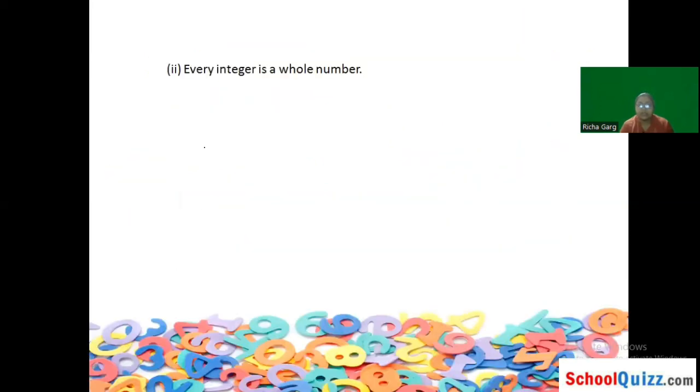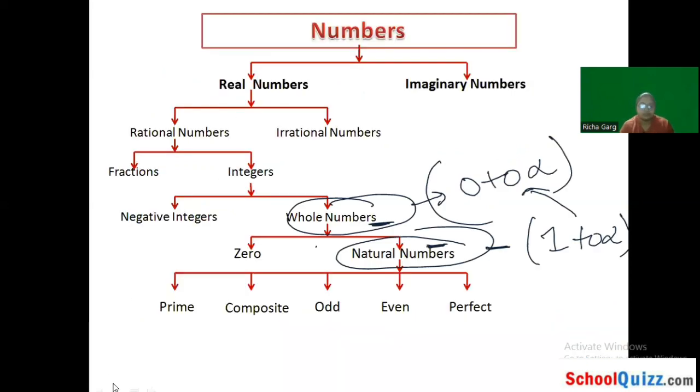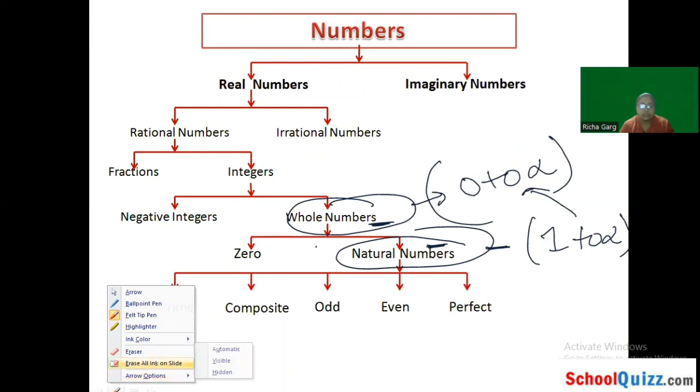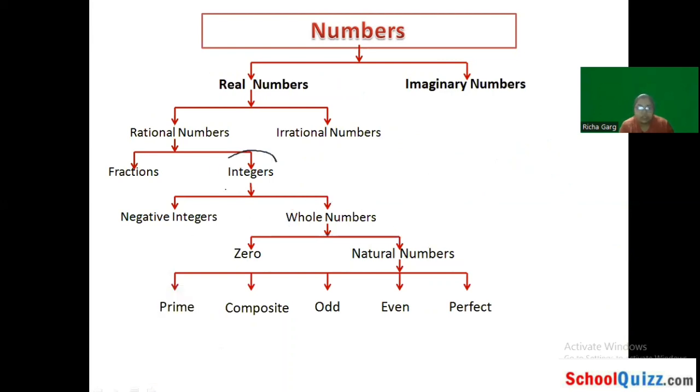Now, next, every integer is a whole number. Now, let's move again. As you can see, whole number falls downside of integer. It is a category of integers. Now, can we say every integer is a whole number? No, the statement is false. Why? I will tell you.